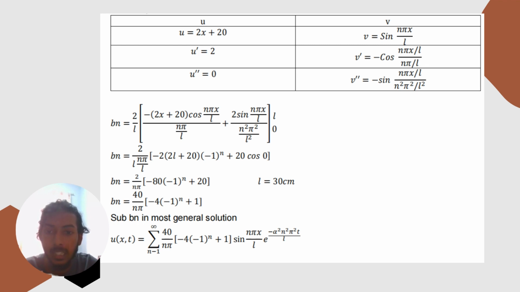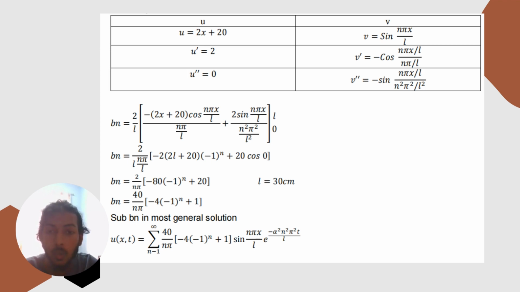After integrating, we get that bn is equal to 2 over n pi over l multiplied by l in bracket negative 2 power 2l plus 20 multiplied by negative 1 power n plus 20 cos 0.